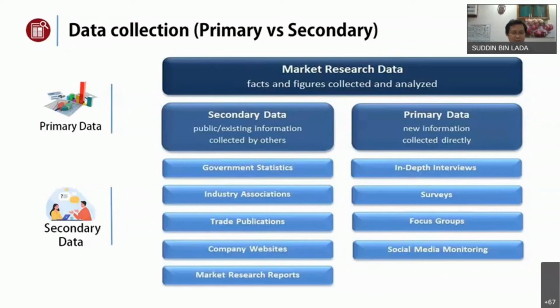Compared to secondary: maybe government statistics from the statistics department, or industry associations, how many NGOs we have, then trade publications published by Bank Negara, company websites, annual reports, and website information. We can check from them. Then market research reports, whether produced by the government or an independent company, we can buy or subscribe to.